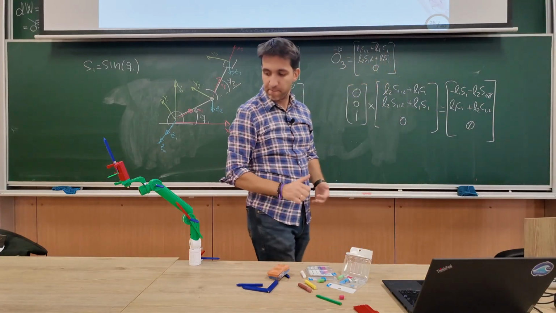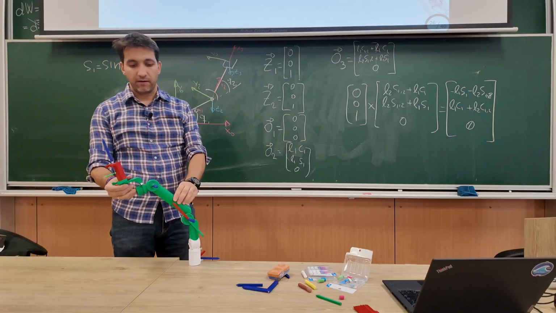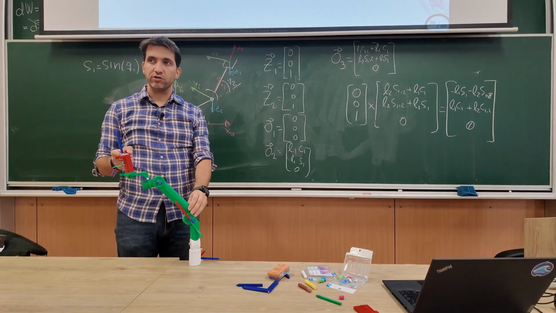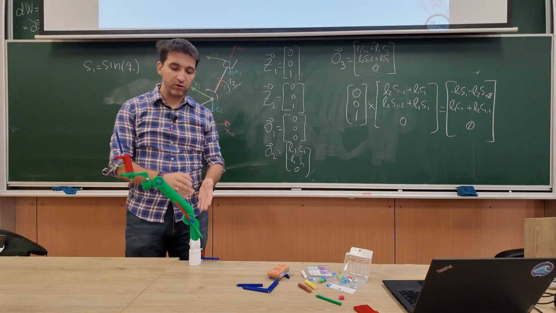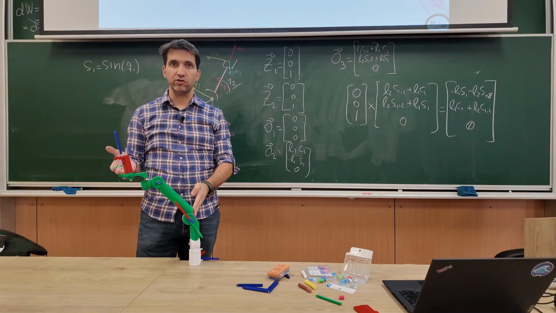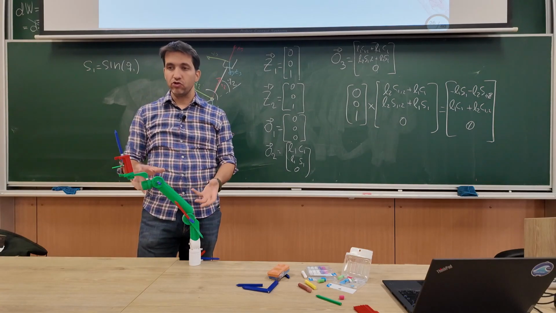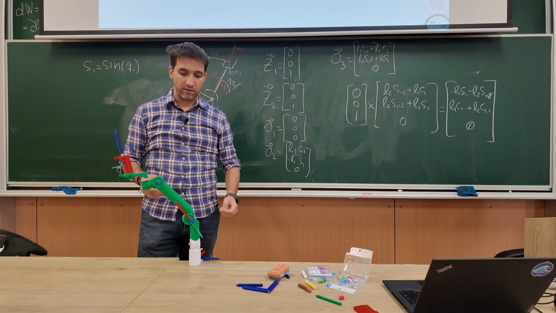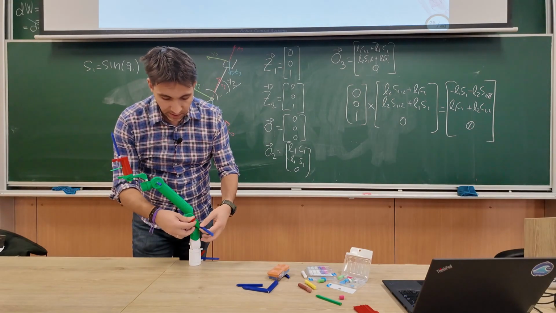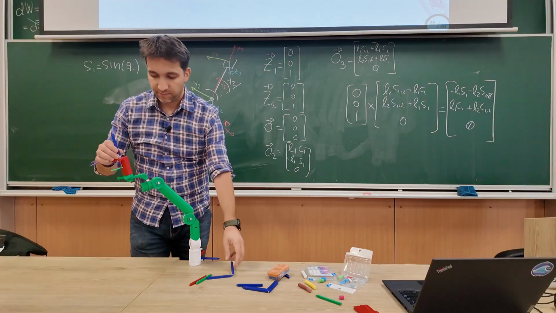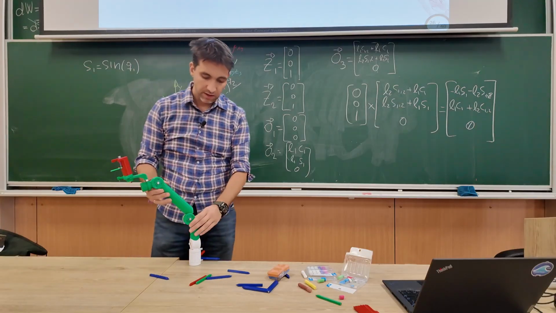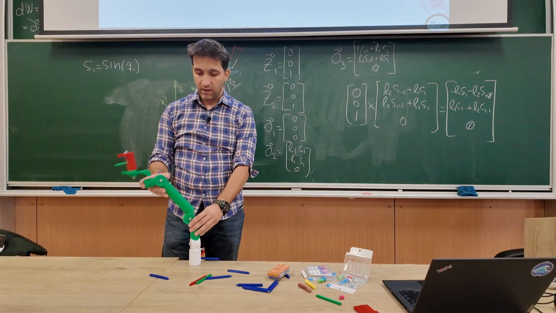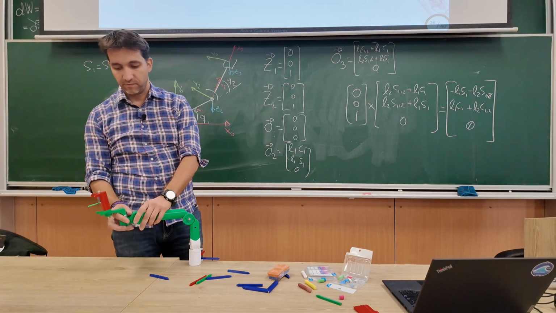What does this tell me? This tells me that the contribution of one joint to the end effector velocity will depend on the joint coordinates. So to demonstrate this, let's have a look. Let's say the robot is in this position.